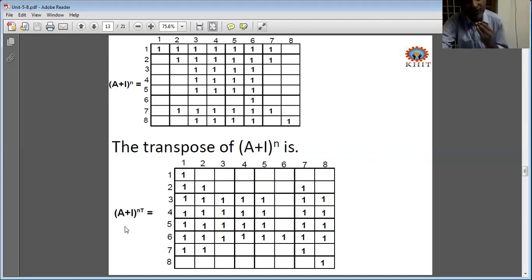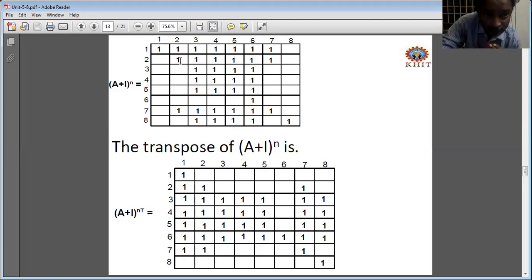Now write the (A+I)^n transpose. That means the rows you write into columns. The row values 1, 2, 3, 4, 5, 6, 7 you enter into columns 1, 2, 3, 4, 5, 6, 7.